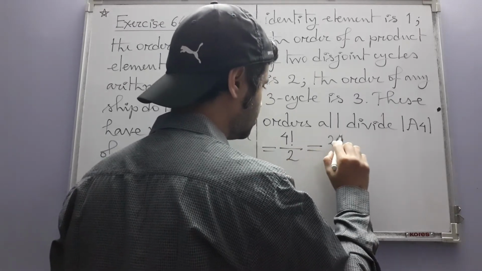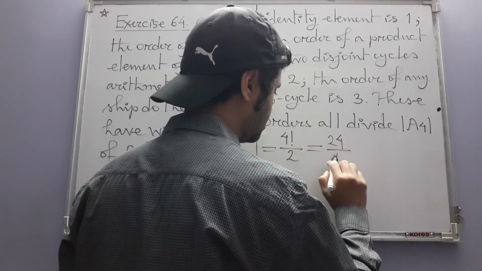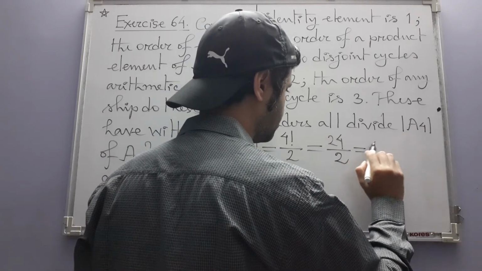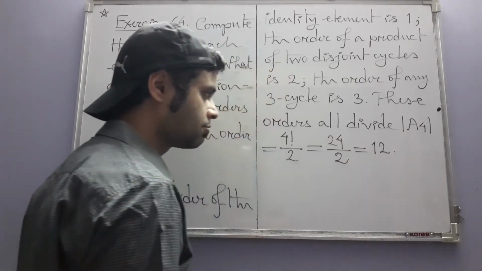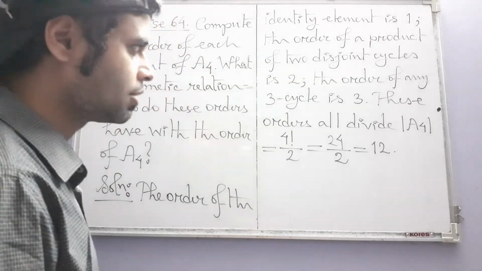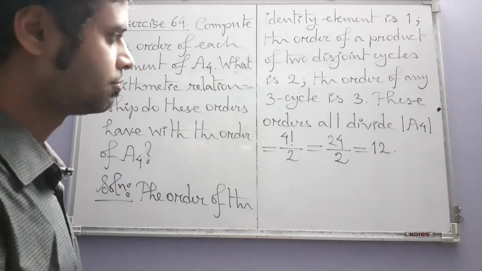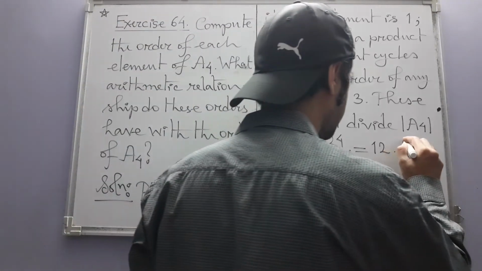That means 24 divided by 2, so this is 12. 1 of course divides 12, 2 also divides 12, and 3 also divides 12. So that's just it.